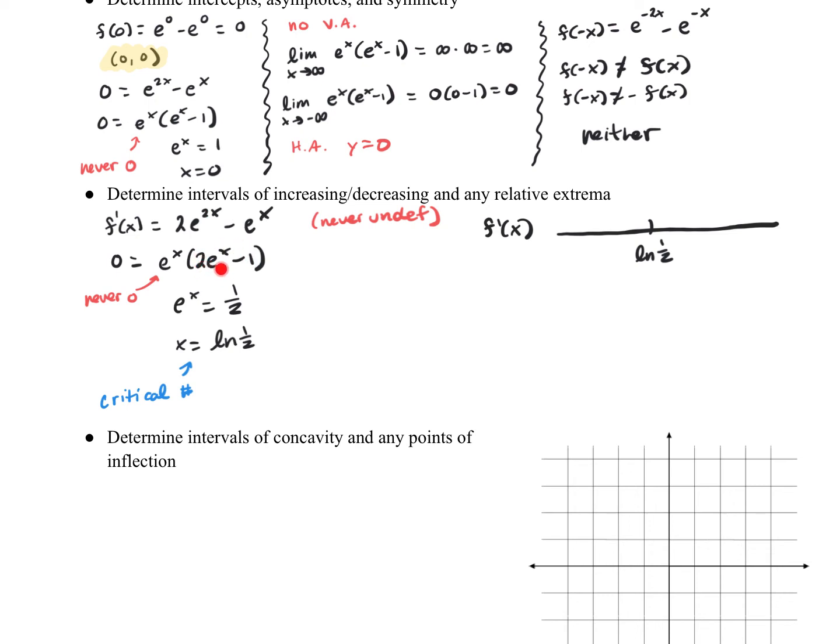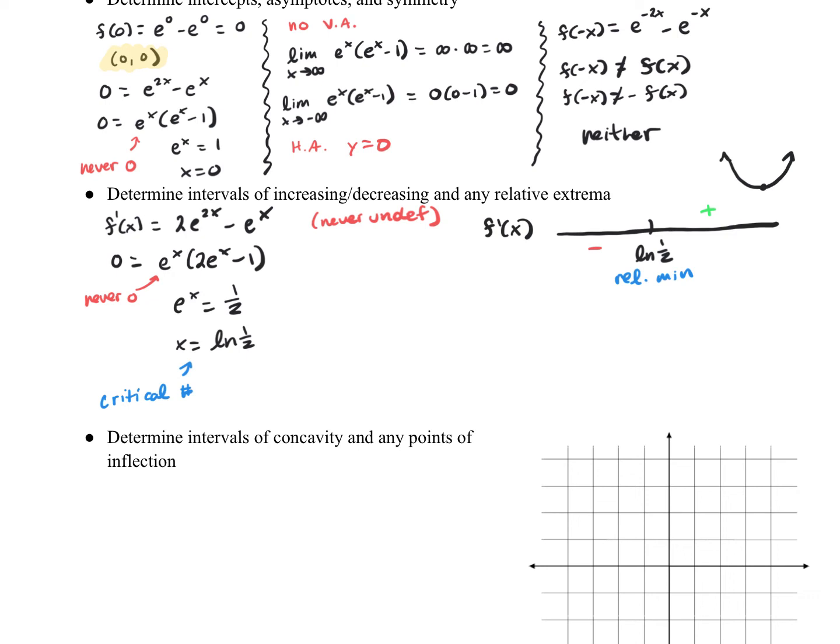Like if we plug in -1, we actually get a negative value. And then if you plug in anything larger, like 0, you would get a positive number. So it's positive here. So you can see that our derivative is changing from negative to positive at our critical point, which means that we will have a relative minimum there because we're changing from decreasing to increasing. So again, that gives us that minimum.